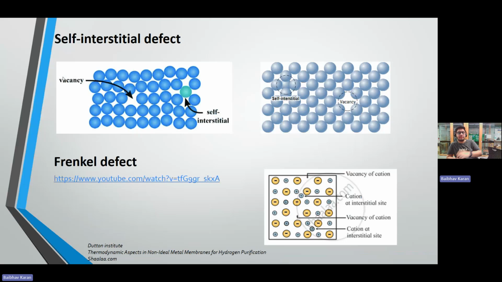So there will be a self-interstitial atom at a different site. In self-interstitial defects, this leads to the creation of a vacancy, and also to the creation of an interstitial position where the material's own atom is present.